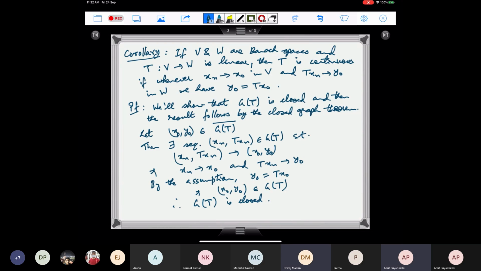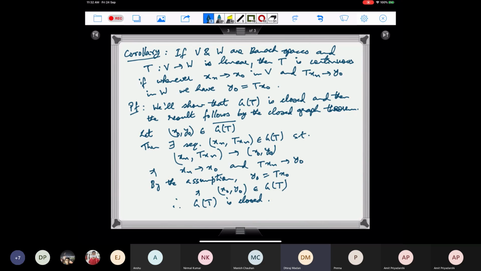Okay, so that is the main advantage of this corollary: here we are assuming that xn is convergent and Txn is also convergent, and then we are proving that whatever Txn converges to, that is T of the limit of xn, right? So usually we have to first show that Txn is also convergent, and then show that y naught is Tx naught, or equivalently for the 0 case.